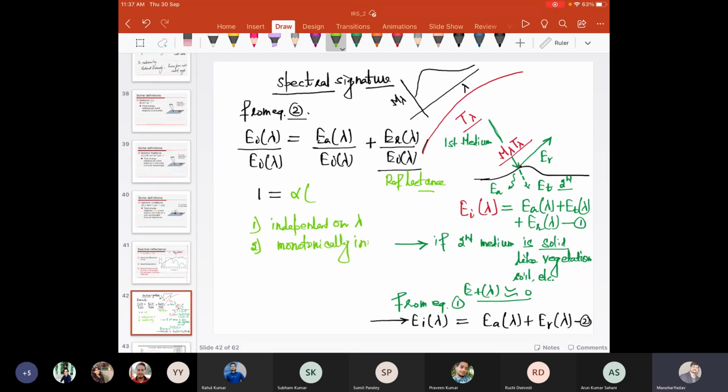Monotonically increases with respect to lambda. Varies with respect to lambda.